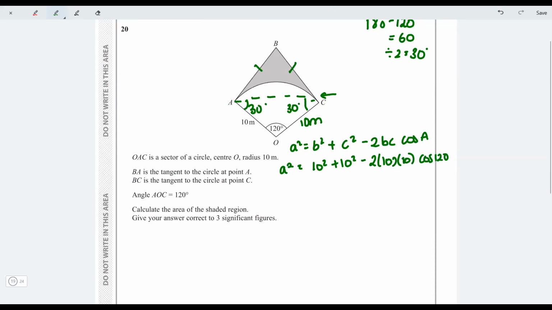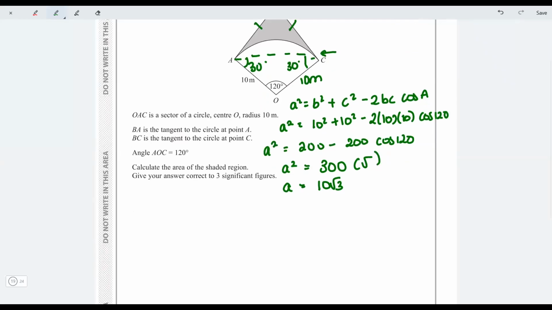You could tap all that into your calculator in one go if you want. But when you do, I get 200 take away 200 cos 120, because 10 squared is 100, and 2 times 10 times 10 is 200. Tap that into my calculator and I end up with 300. I've got to square root to work out what a is, and I get 10 root 3. I'm going to leave it as that because I don't want any rounding issues.